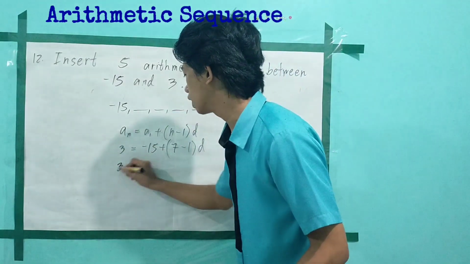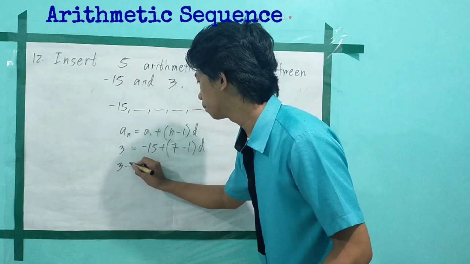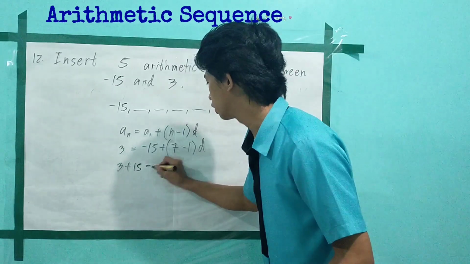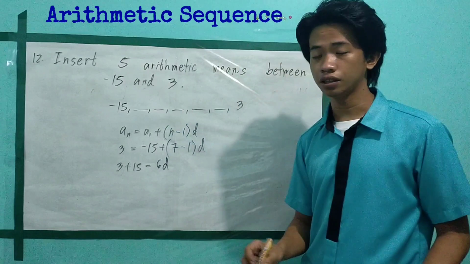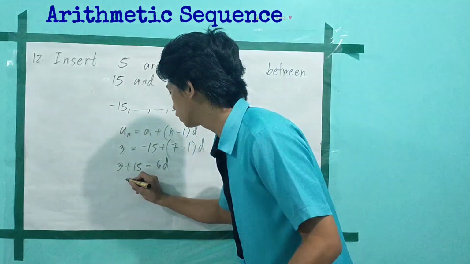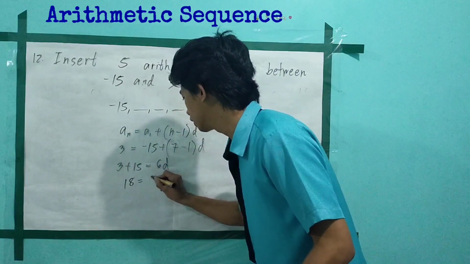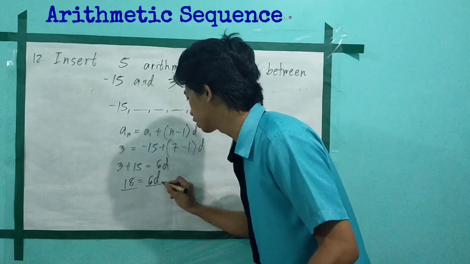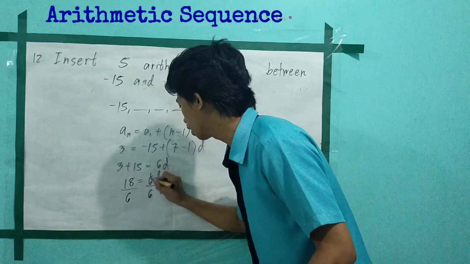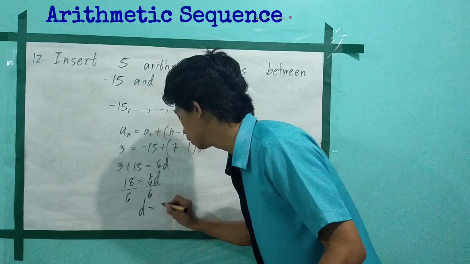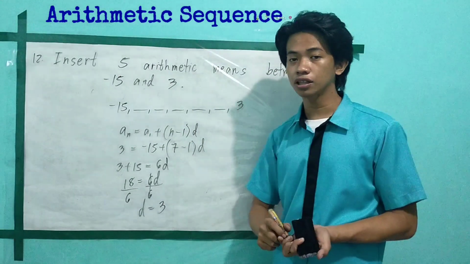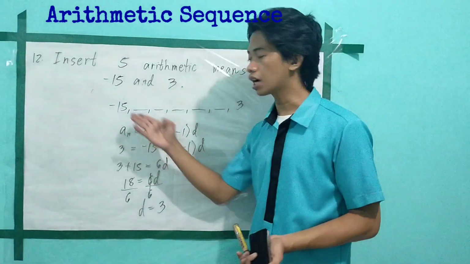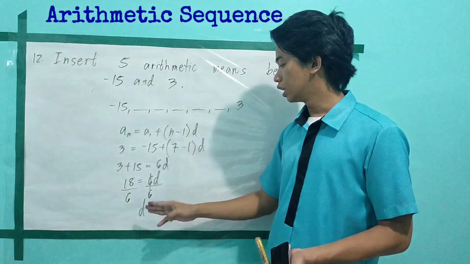So, using APE, we have 3 plus 15 is equal to 7 less 1, we have 6 multiplied to the common difference. 3 plus 15, we have 18 equals 6D. Dividing both sides by 6, the common difference now is equal to 3. So, nahanap na natin yung common difference. I-add na lamang natin sa preceding terms.